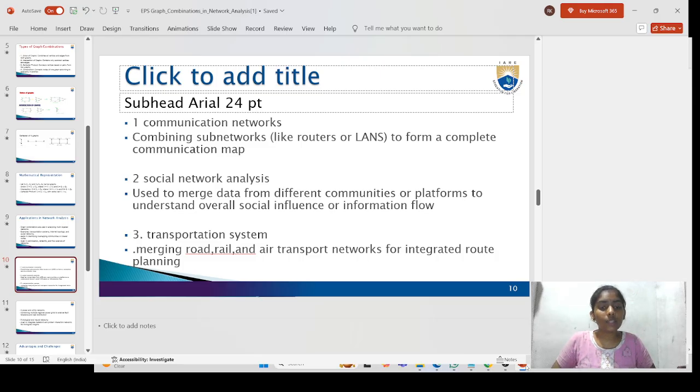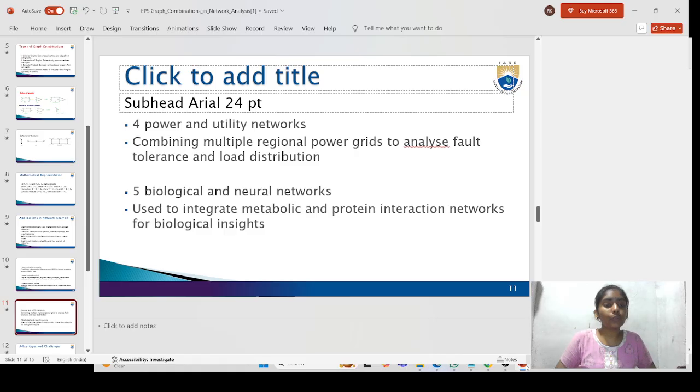Third one, transportation system, merging road, rail, and air transport networks for integrated route planning. And fourth one is power and utility network, combining multiple regional power grids to analyze fault tolerance and load distribution.